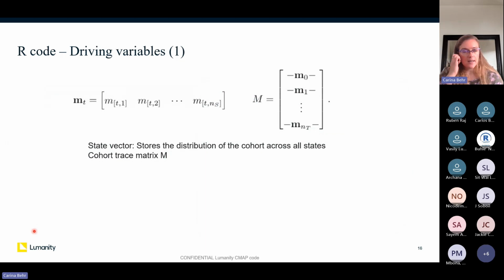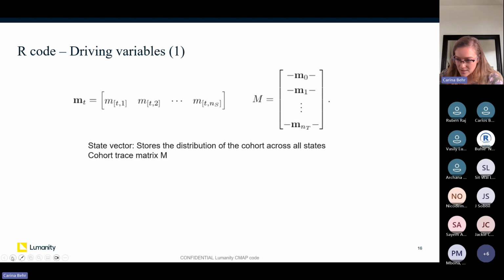Then if we look at other important parts of the DARTH code for cohort state transition model, one of the driving variables is called M or MT, and this is basically the distribution of the cohort across all states. And as you can see, there are different T's, so at different time points, there will be a different distribution.